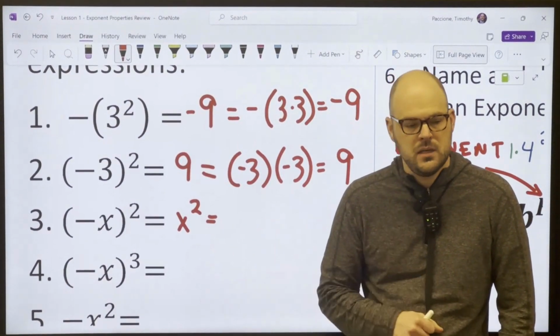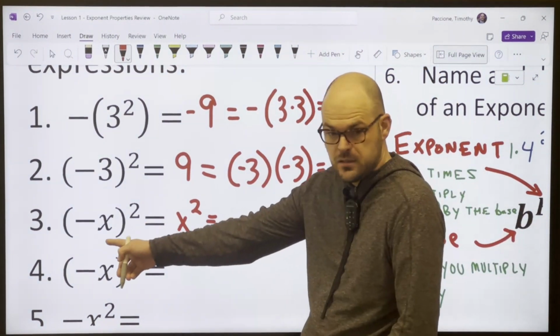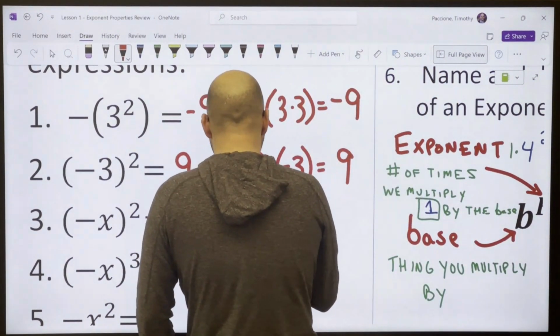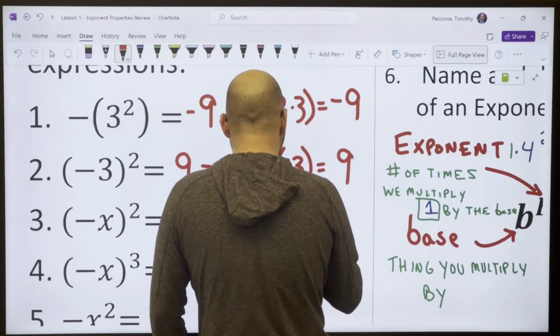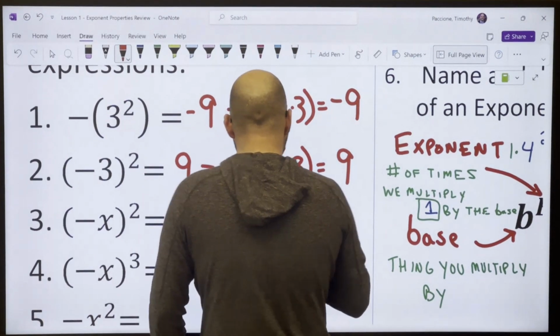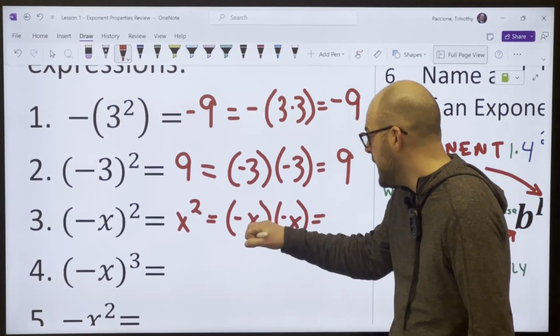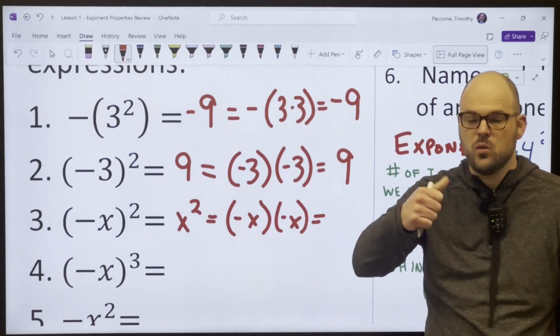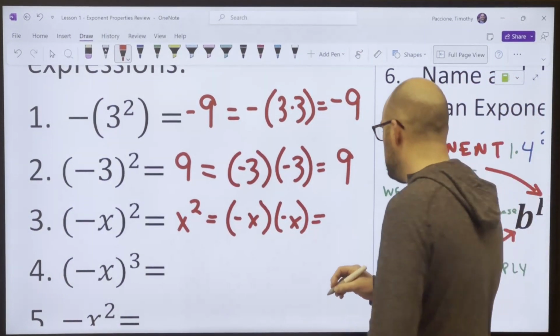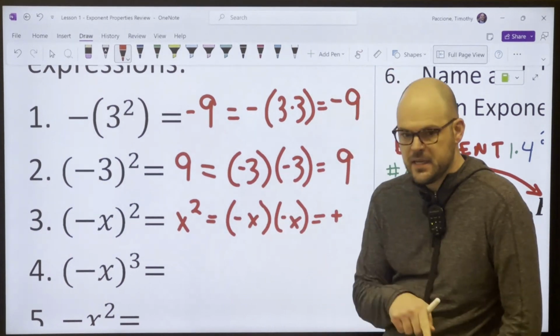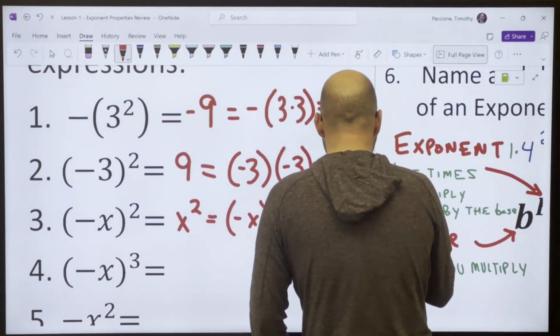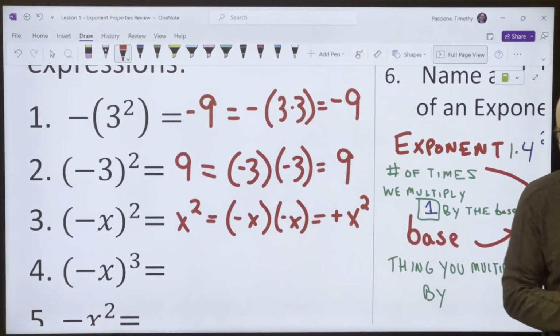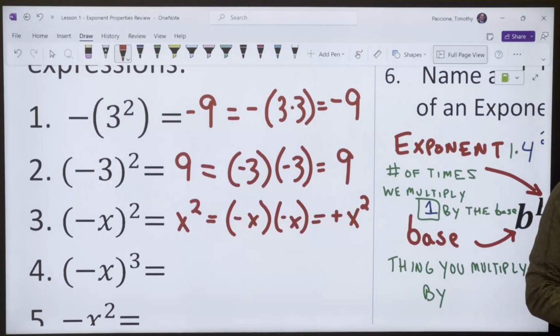What is the base? -x. So if I expanded that out, that's -x times -x, which is -1x times -1x. -1 times -1 is positive, and then x times x is x squared. So that is indeed positive x squared. Does that make sense?